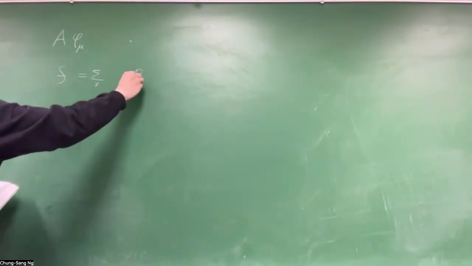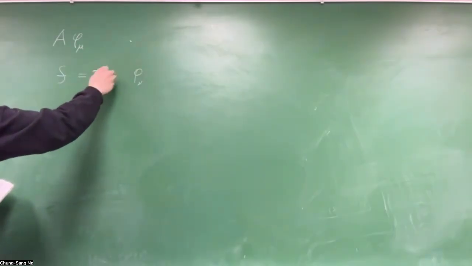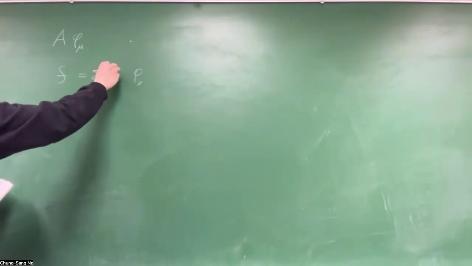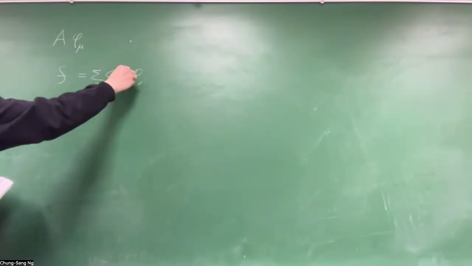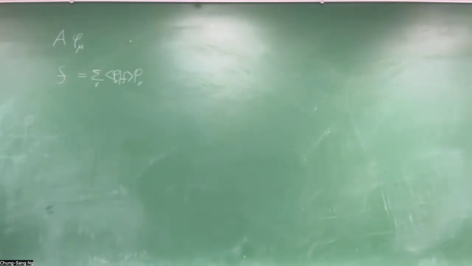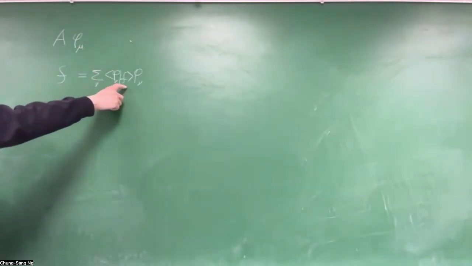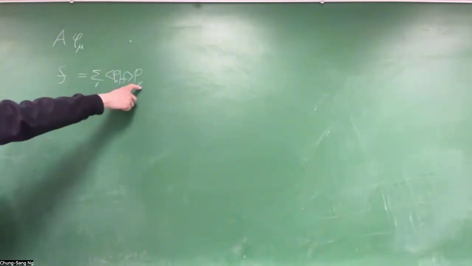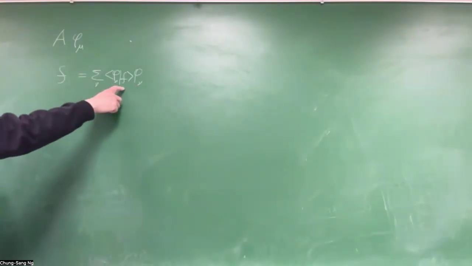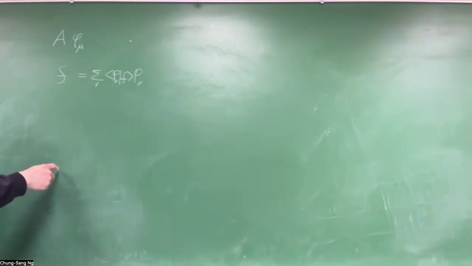So you want to expand that in phi nu, and the idea is just to do the projection of f on phi nu. That will give you the scalar part, the projection of all the components of f along the phi nu basis. Okay, so that's the expansion that we did last time.